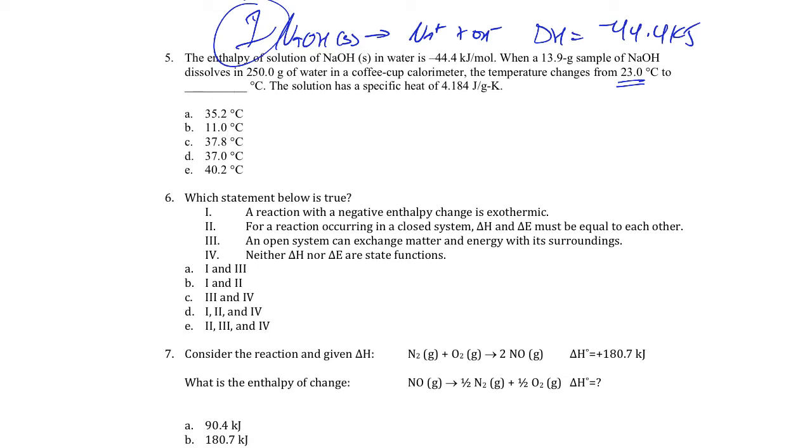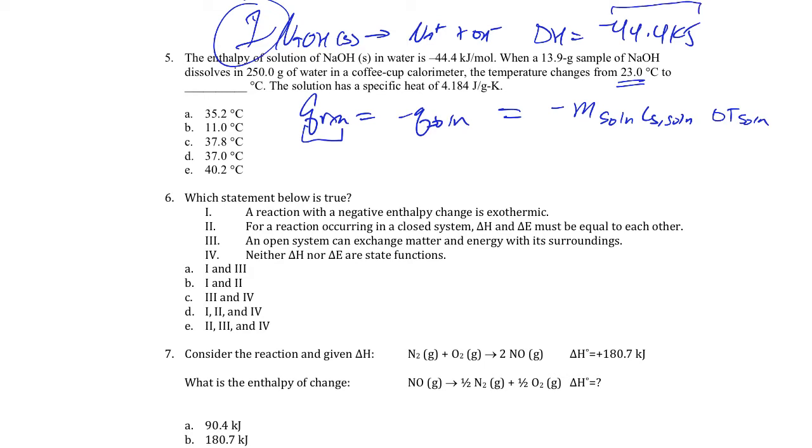Okay, so if we want to know the final temperature here, we might come back to our Q reaction is the negative Q of our solution, and the Q of the solution is the m solution, c s solution, delta T of the solution. And the idea here is we can calculate what the Q reaction should be, how much heat the reaction should be changing by, because we're given the enthalpy of solution of sodium hydroxide.